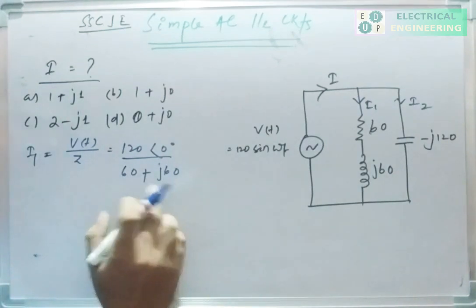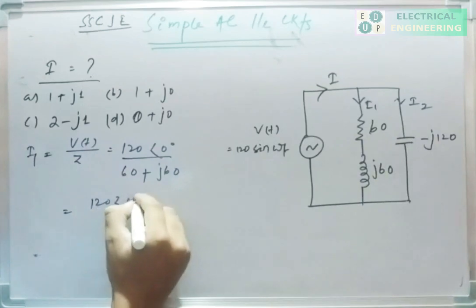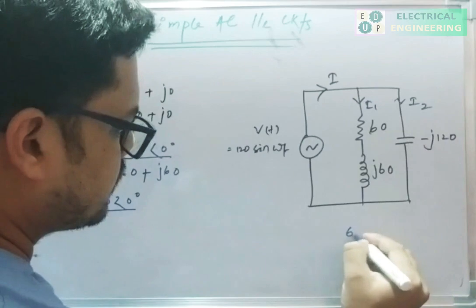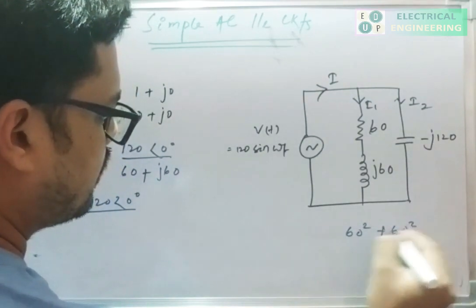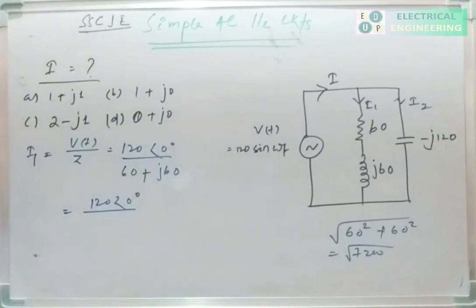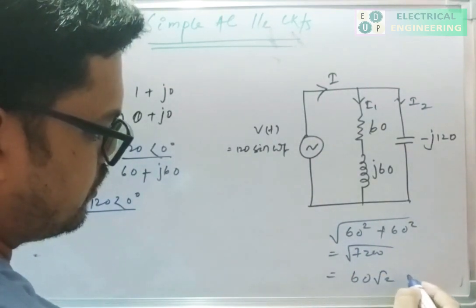The resultant will be the square root of 60 squared plus 60 squared, that is root of 7200, and root of 7200 is 60 root 2.